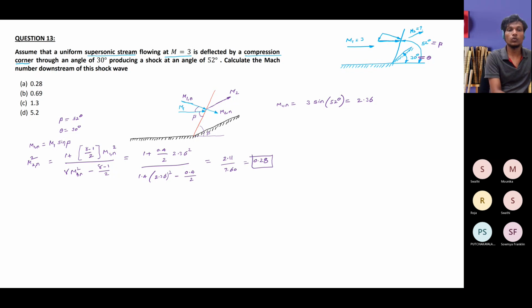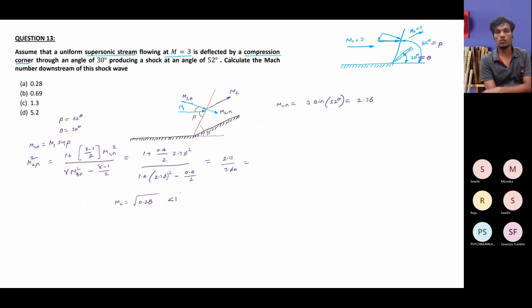So M2N is equal to the square root of 0.28. We can clearly see that this is less than 1. You should be clear that for the oblique shock wave, it is not necessary that the downstream flow be subsonic.